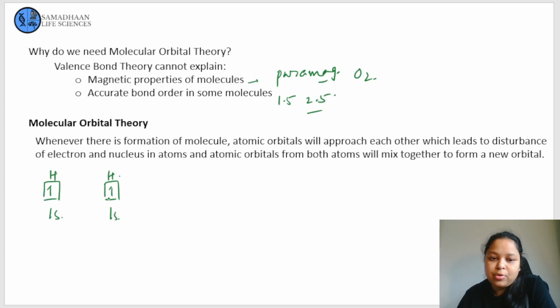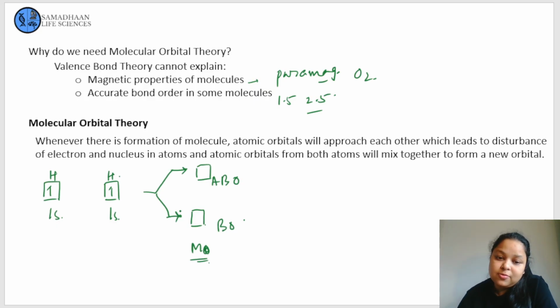So when they approach each other, there is a disturbance in electron and nucleus in the atoms, and they form two new orbitals with different energy than the original atomic orbitals. One is lower energy, which is called bonding orbital. Another is higher in energy, which is called antibonding orbital. And these two new orbitals are called molecular orbitals.